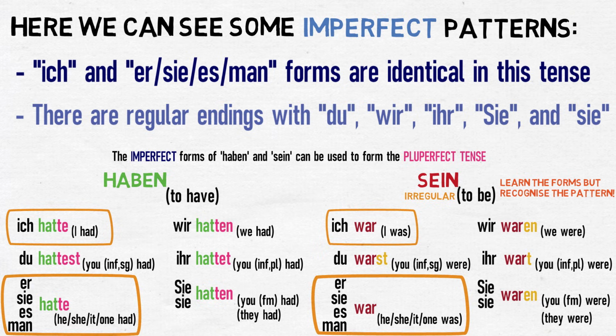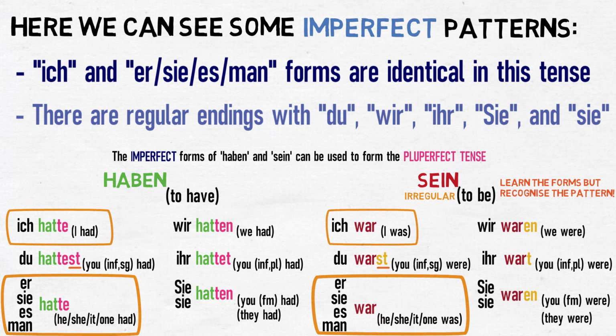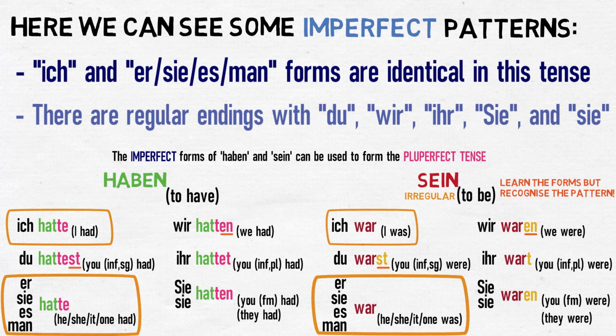The standard present tense verb ending for du is st, and you can see that here. The regular present tense ending for wir verbs is en, which you can again see. The standard present tense ending for ihr verbs is t. And sie verbs regularly end in en, mirroring wir.